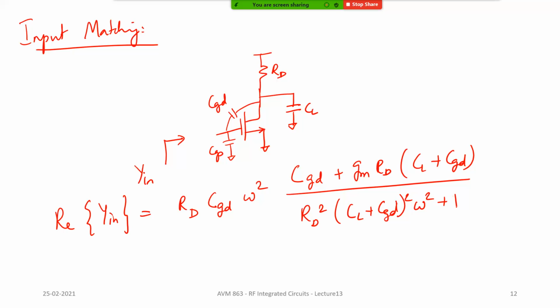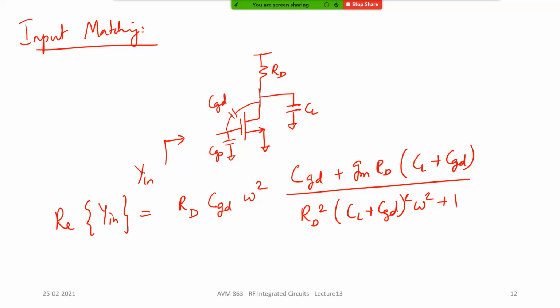We are not going to derive it and also not going to ask you to derive it in your examination, but the derivation will be in the textbook, so you can always derive it. Of course, it's going to be a little messy. Looking at the expression, you will know. So the real part of the admittance is going to look something like this. You have omega squared in the numerator as well as in the denominator.